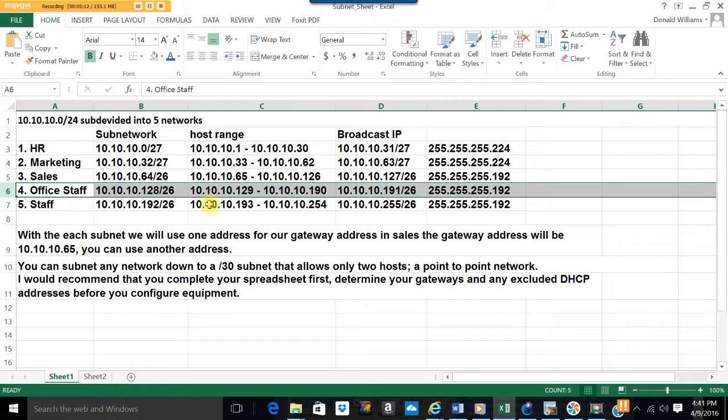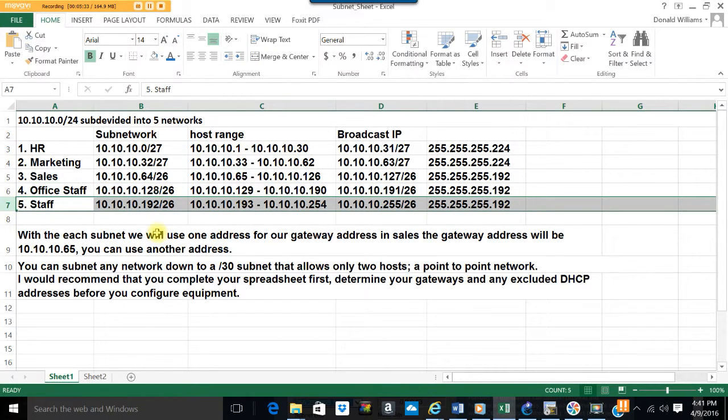This would give this network 60 host addresses. They have a broadcast address of 10.10.10.191 and a subnet mask of 255.255.255.192.